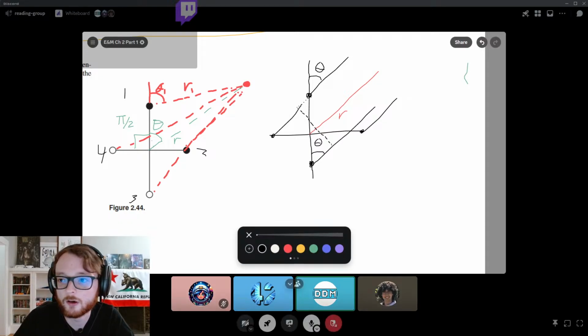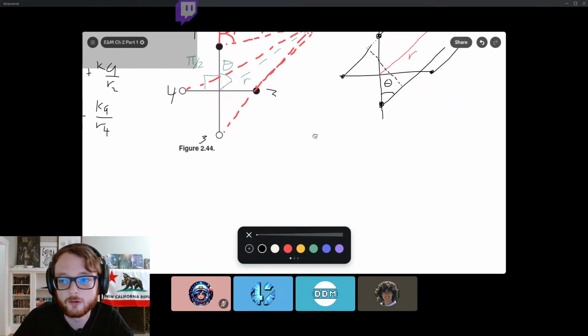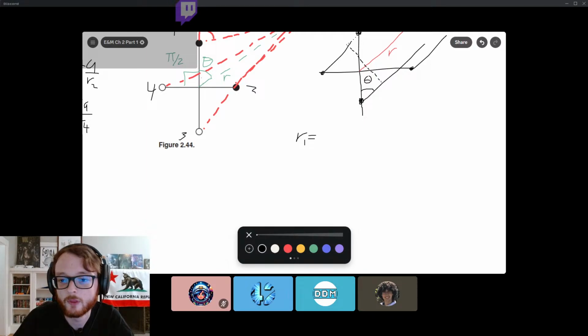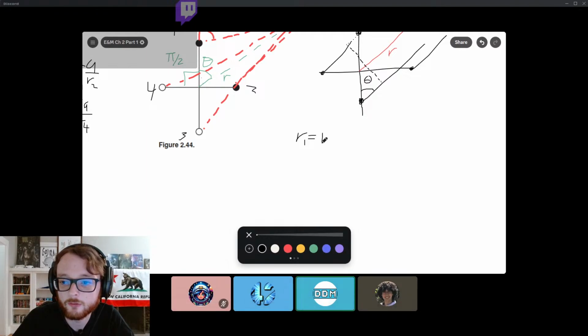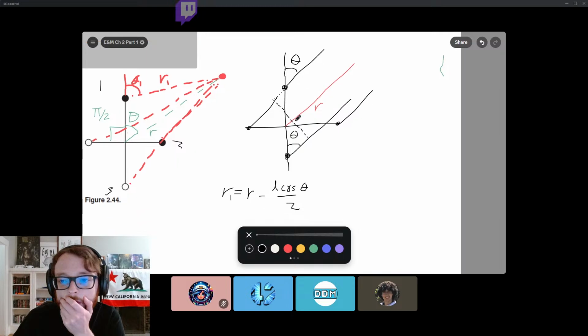Which means R1 is R minus L cosine theta over 2, because we're taking the total distance R and subtracting off just the little dotted part, which I think I can believe is L cosine theta over 2. I think your dotted line was supposed to go through the origin there.